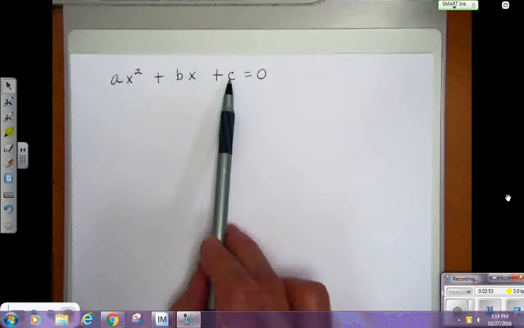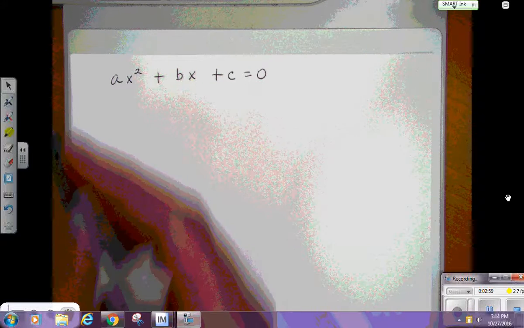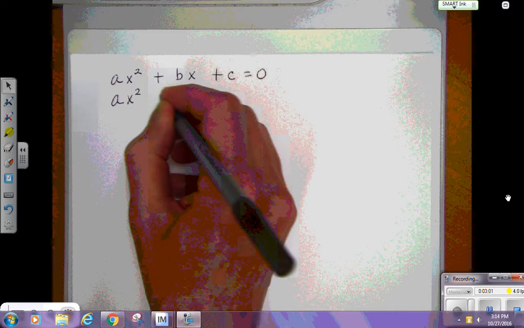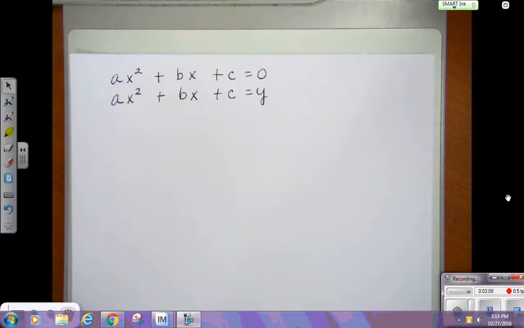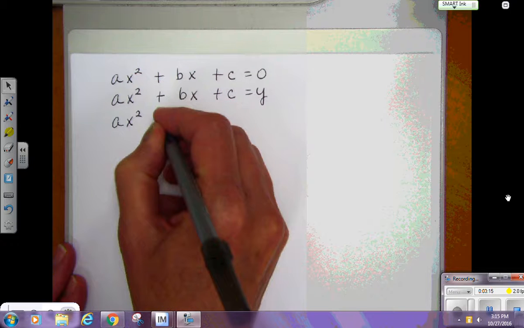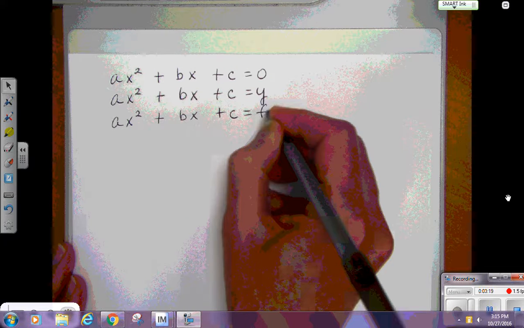Now this 0 is the same as your y. It replaces the y sometimes. So you might see this equation written like this, ax squared plus bx plus c equals y. Or if it's in function notation, it would look like ax squared plus bx plus c equals f of x.